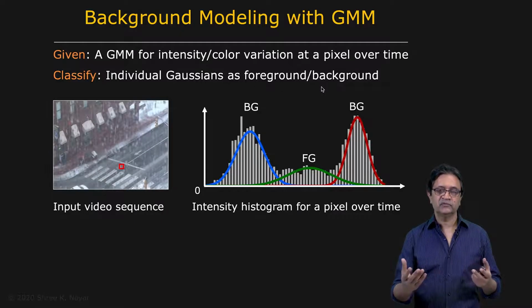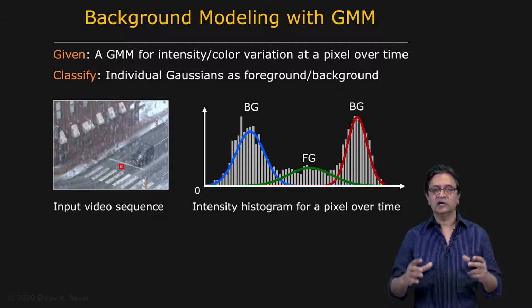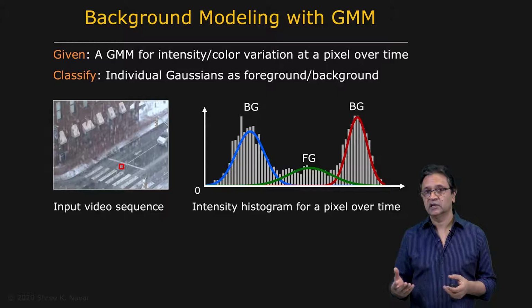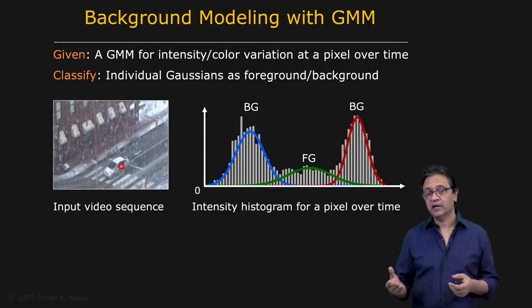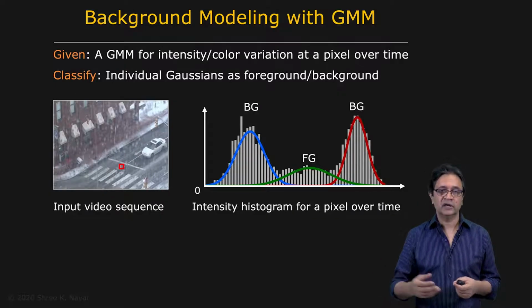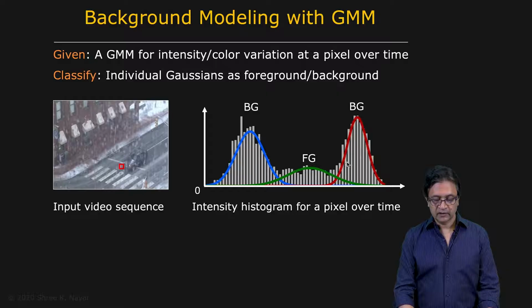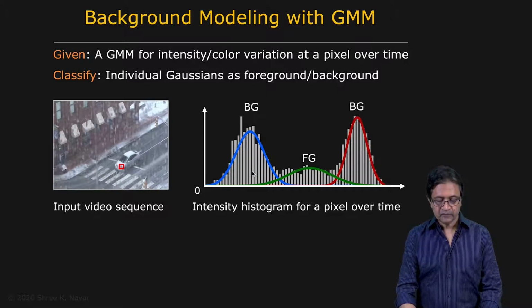So we have a model now, and we want to figure out which Gaussian represents the foreground and which represents the background, so that when we see pixel values in the future, we can classify them according to that classification of the different components.